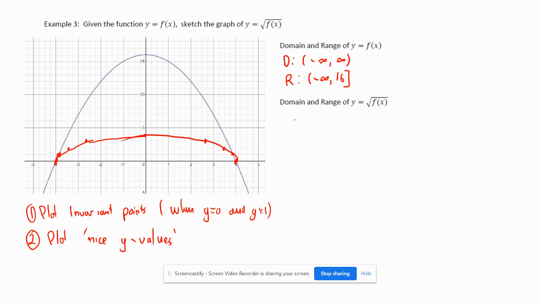My new domain is going to go from -4 to +4. So the graph is starting at -4, ends at +4 over here. So there's my domain. My range for this guy, smallest y value I have is 0, biggest y value is 4. My range is going to go from 0 to 4, like that.